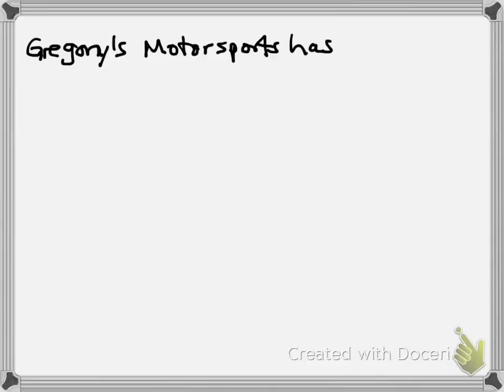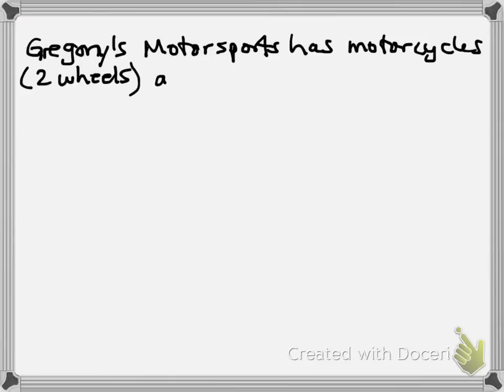Gregory's Motorsports, the name of a company, has motorcycles, in parentheses they explain that they have two wheels, which hopefully you all know, and ATVs, all-terrain vehicles, and then in parentheses, four wheels, in stock.